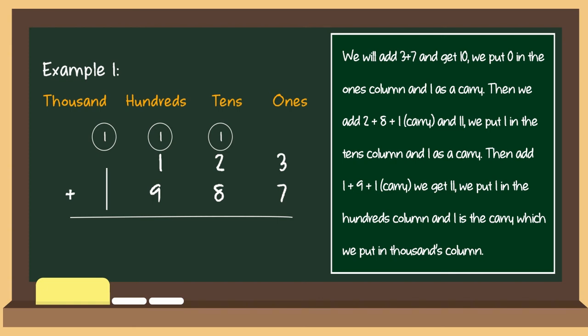We put 0 in the ones column and 1 as a carry. Then we add 2 plus 8 plus 1, carry, and get 11. We put 1 in the tens column and 1 as a carry. Then add 1 plus 9 plus 1, carry, we get 11. We put 1 in the hundreds column and 1 is the carry which we put in thousands column.